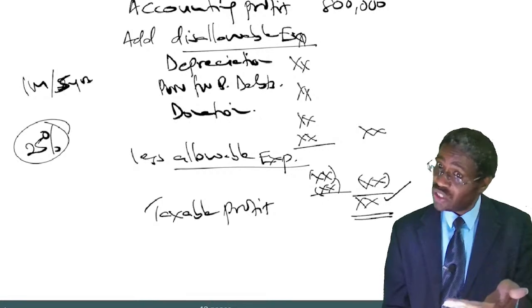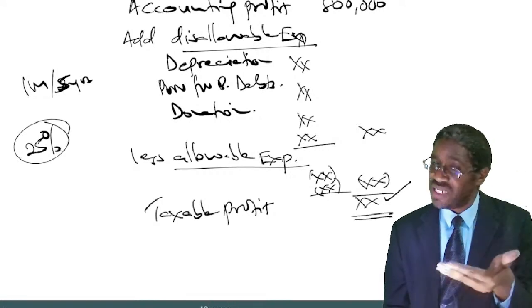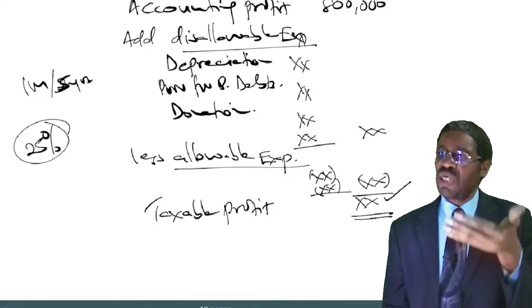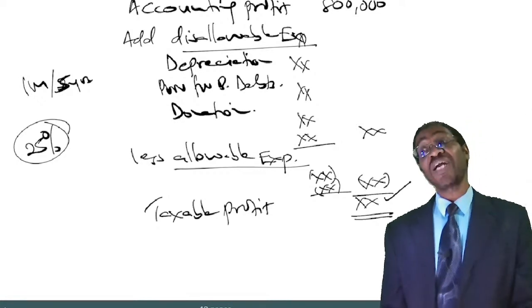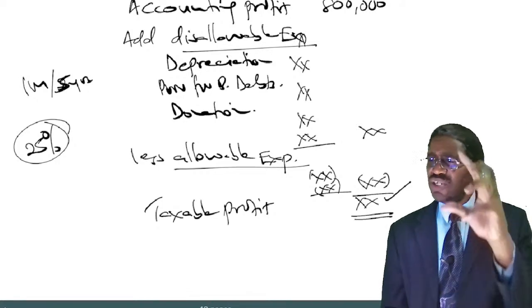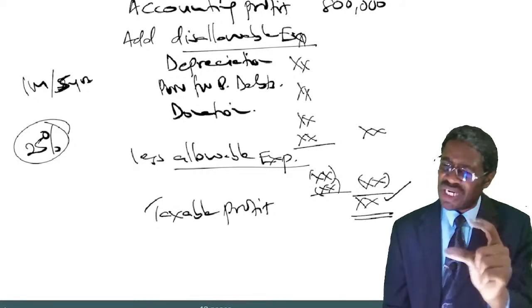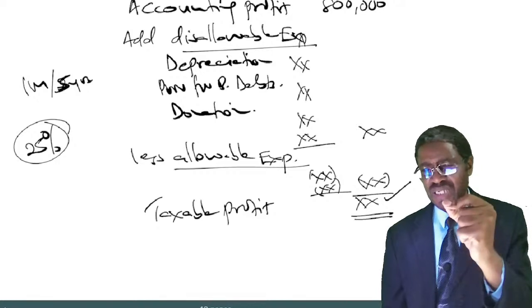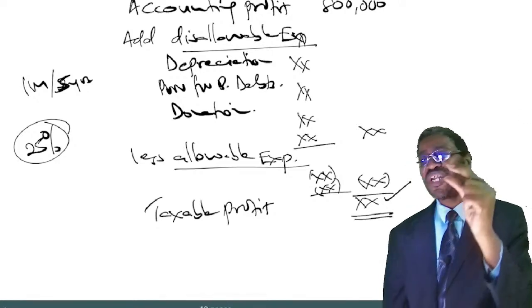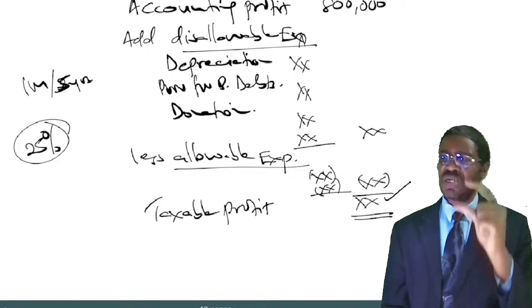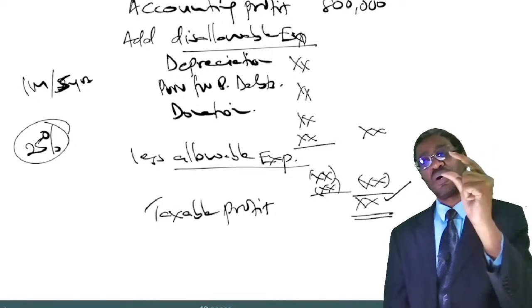And because you have not recognized it, automatically your expenses are undercasted. And you know, when expenses are undercasted, profit is overcasted.